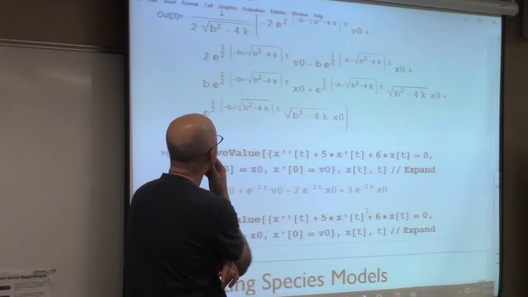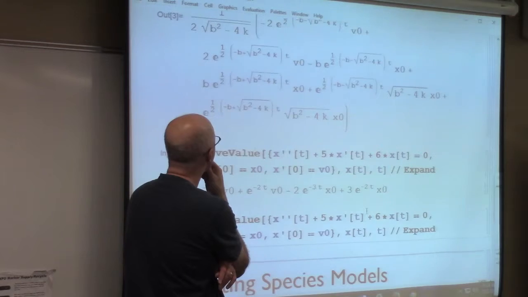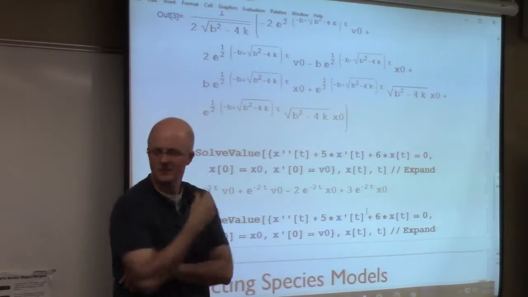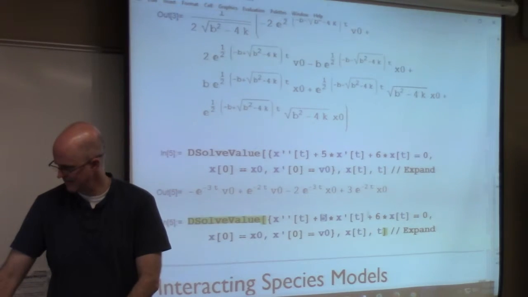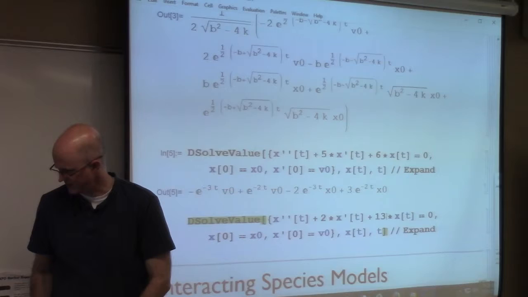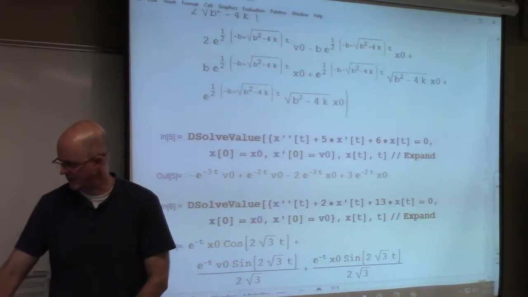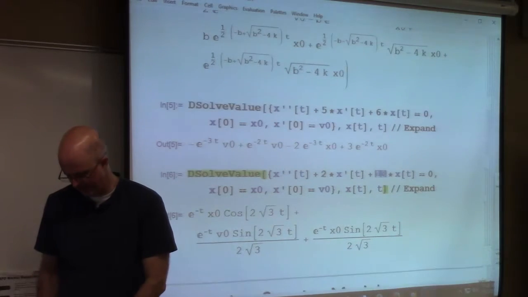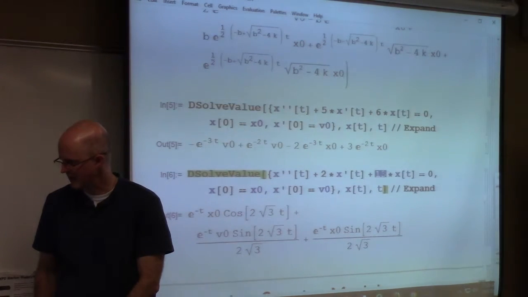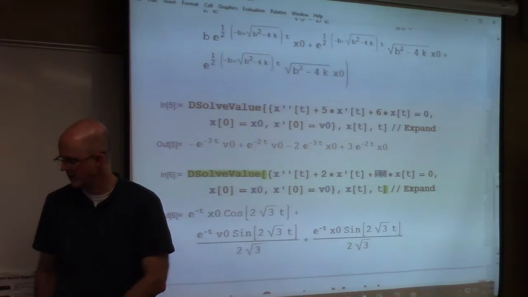I'm trying to come up with an example with oscillation as well. I wonder if this comes out nice. Oh, not real nice. Trying to calculate b squared minus 4k in my head to see if we get a nice negative number that's a negative of a perfect square.